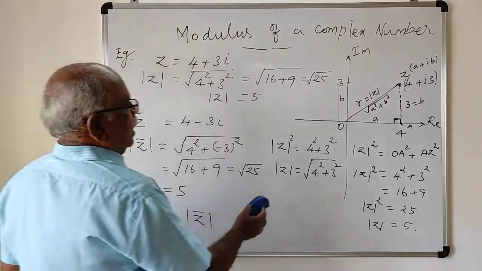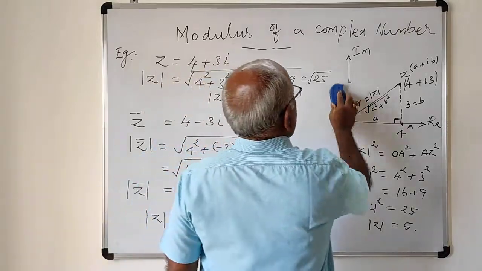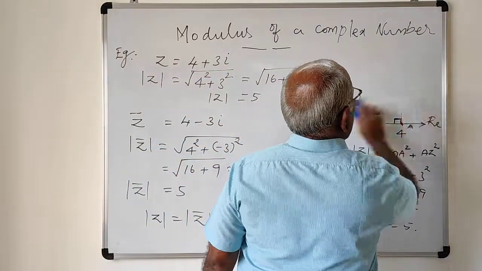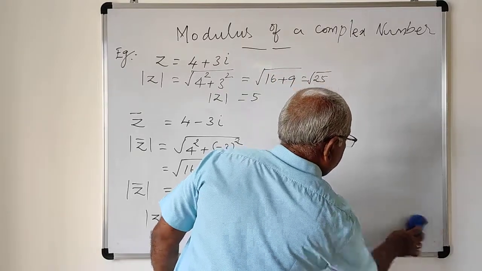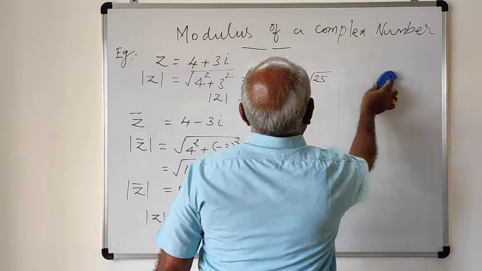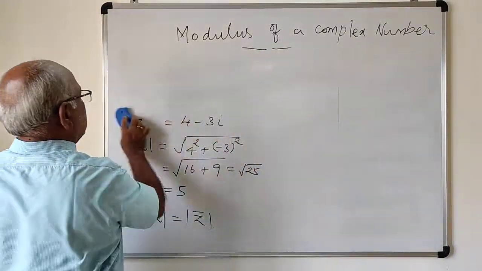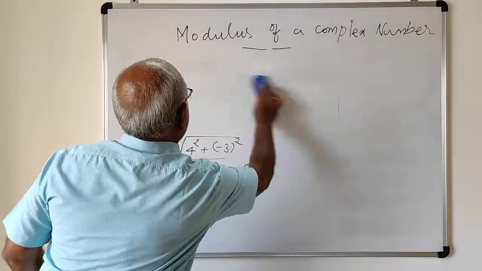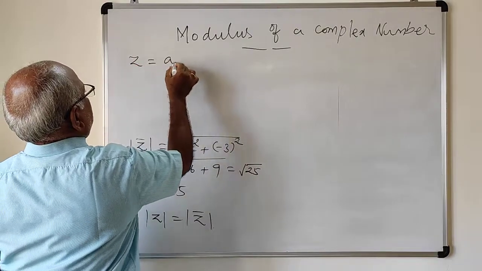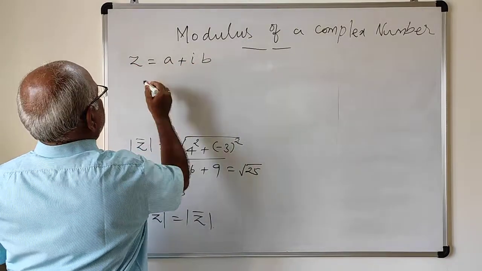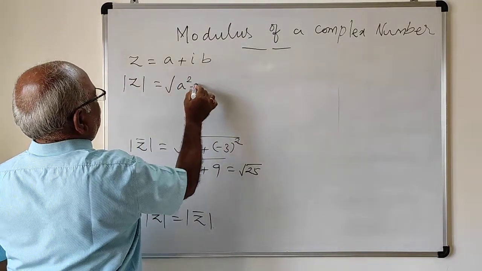Now generalizing. The generalized definition: Z is a plus ib, a complex number. Mod of Z is root of a square plus b square.